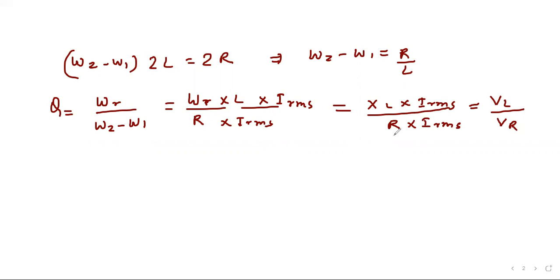So in case of resonance, voltage across inductor and voltage across capacitor are same. So we can say that quality factor equal to voltage across inductor or voltage across capacitor divided by voltage across resistor. That is also called voltage magnification.